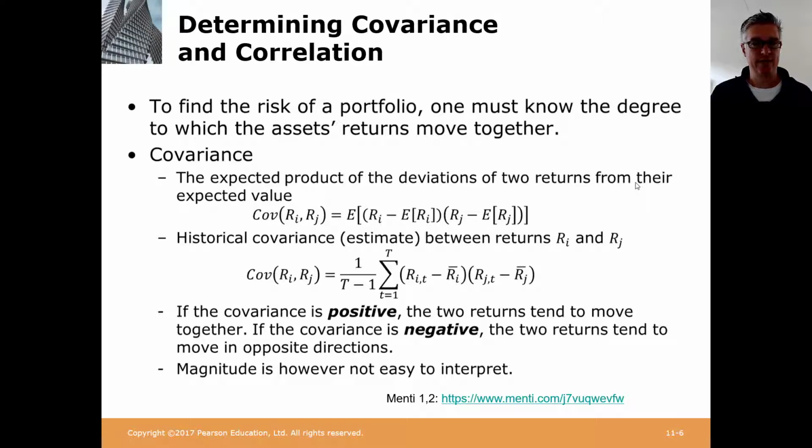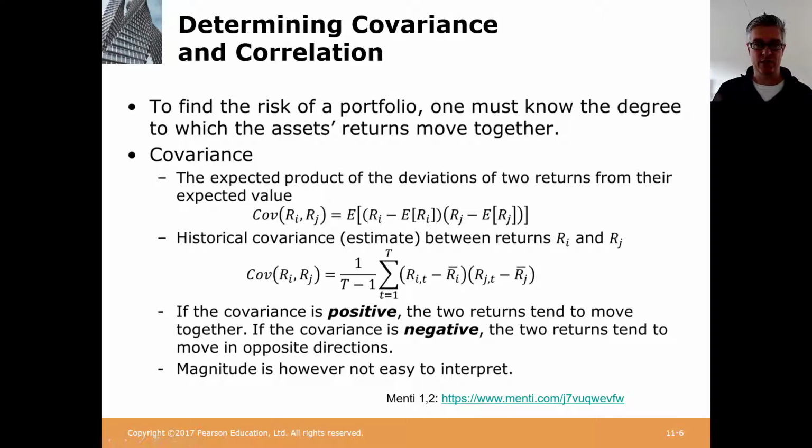So rather than taking the variance, which is the squared deviation from the mean, here we take the expected value of the deviation of stock I times the deviation of stock J. If we take that from historical data, then of course we subtract the mean. So we take the actual return of I minus the average return of I, and multiply that by the return of J minus the average return of J. And then divide by T minus 1.